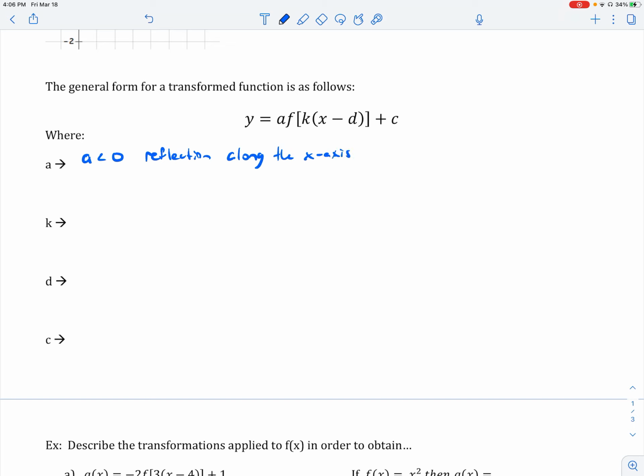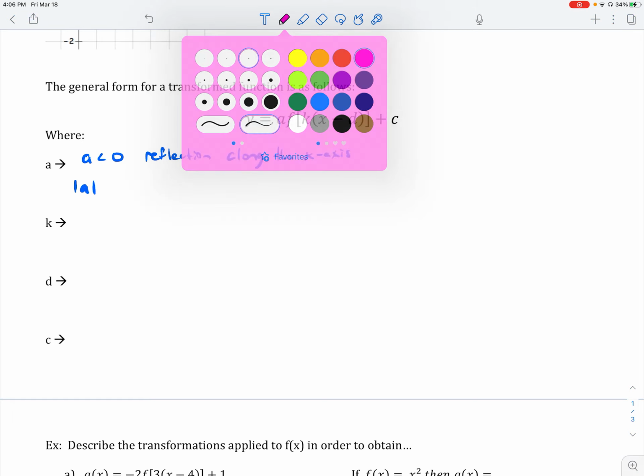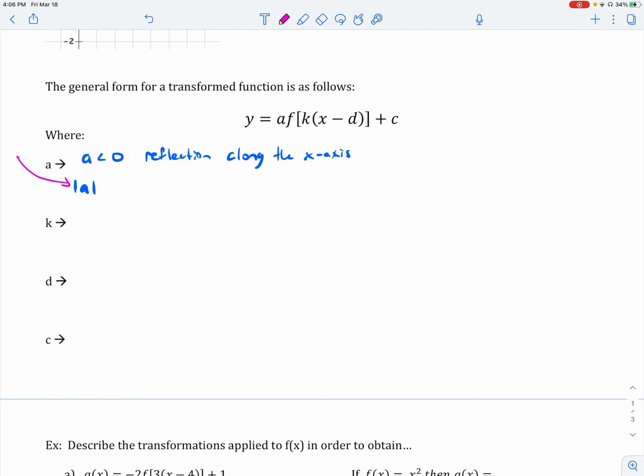Then we want to look at the absolute value of A. This symbol here, those two lines I wrote, refers to the absolute value. What that means is just to take the positive value. That's all it means. So it basically means drop the negative. Remember, if A is less than 0, that means A is negative.